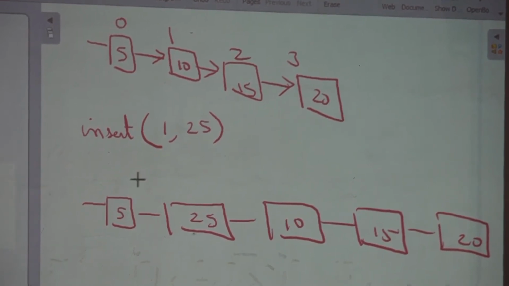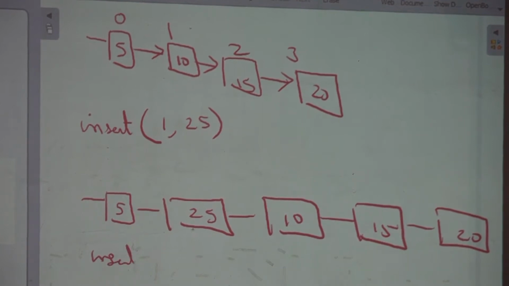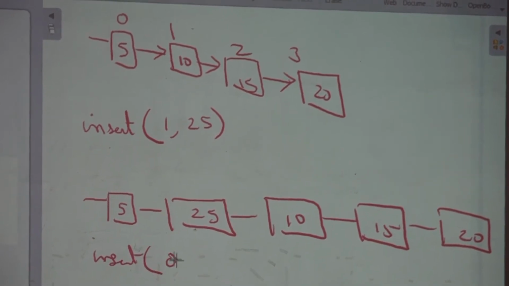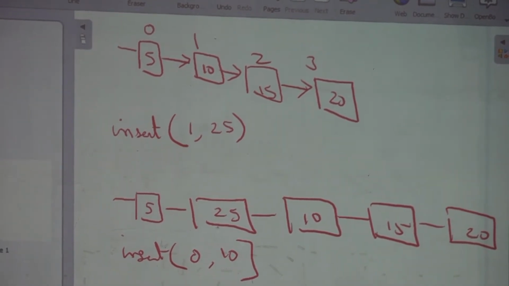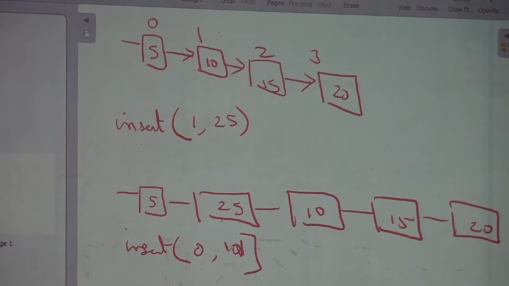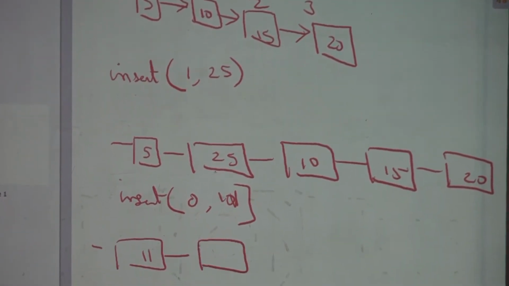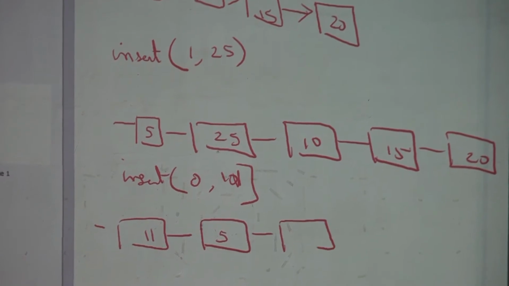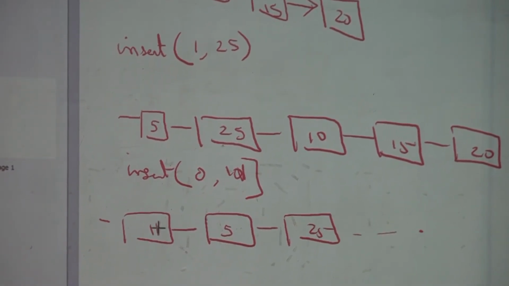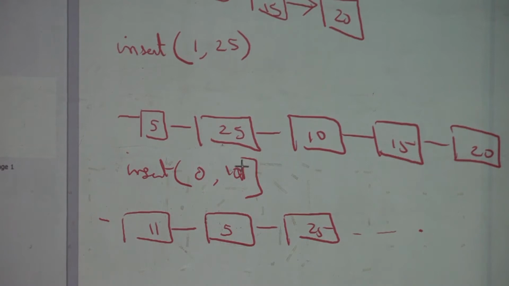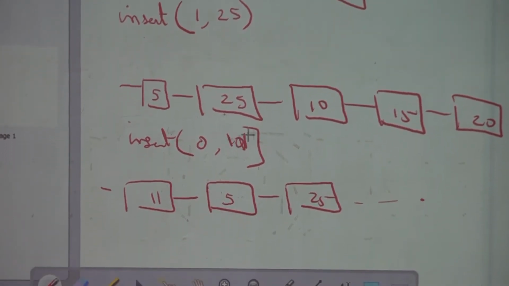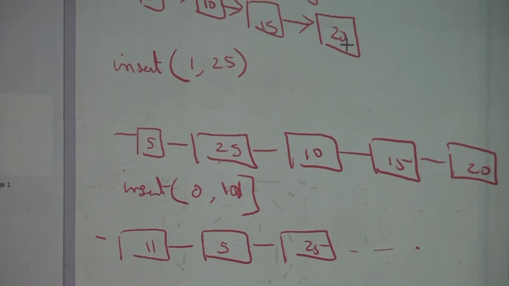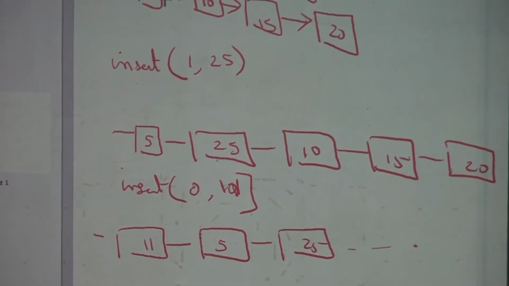Then if I say insert at 0 the value 11, the list should look like 11, 5, 25, and so on. So at position 0, I want the value 11. Now there is one more special case, position 3, that is 0, 1, 2, 3.